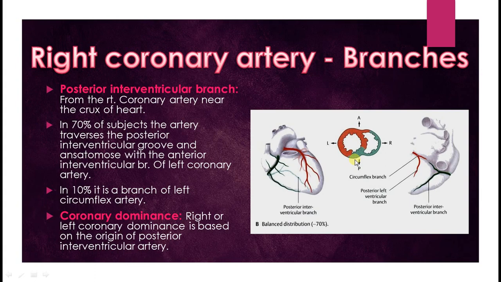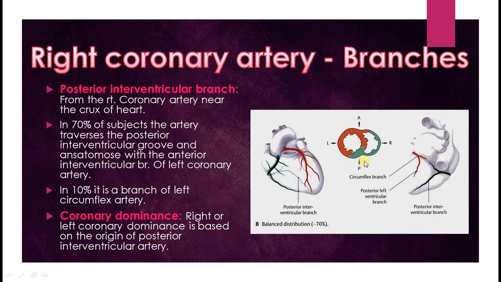Now, in a certain set of the population, the posterior interventricular artery is given by both right and left coronary arteries. That is the balanced type of circulation, and this group of people is advantaged, as they are least likely to suffer from ischemic heart disease. That is about coronary dominance.